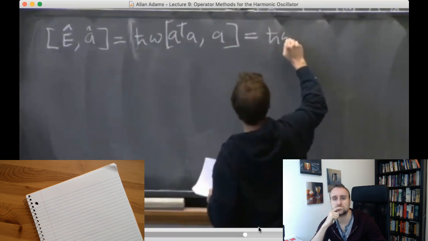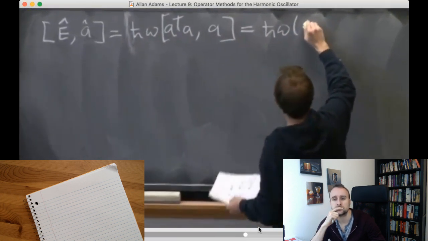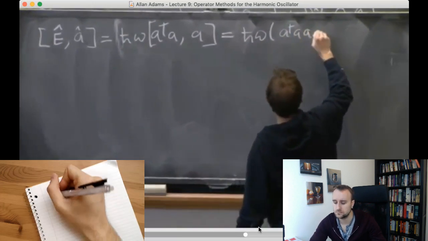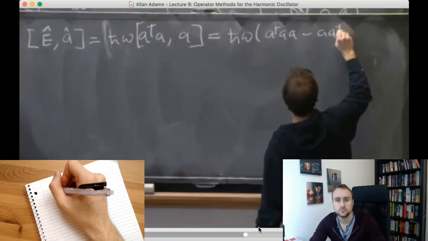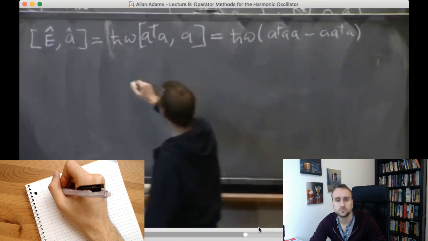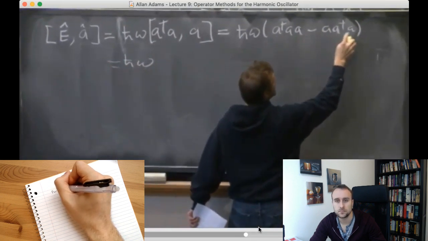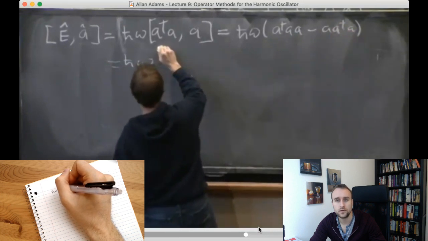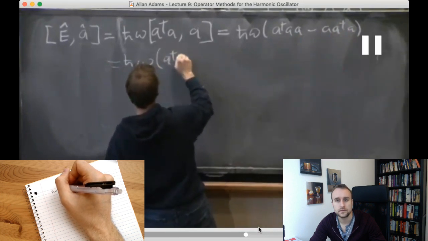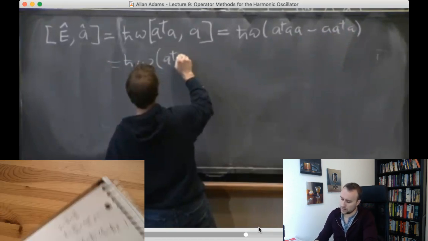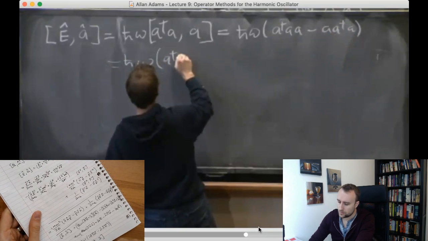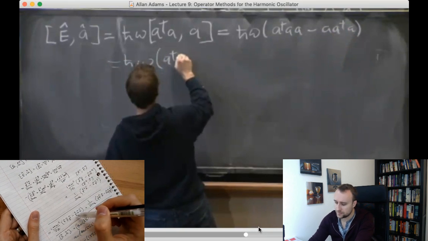Okay. So this is equal to h bar omega times a dagger a a minus a a dagger a. Well, that's a dagger a a minus a a dagger a. You just pull out the a on the right. Oh, right. Okay, yeah, because when we were doing it the last time, they had different things on each end, so we couldn't pull anything out.